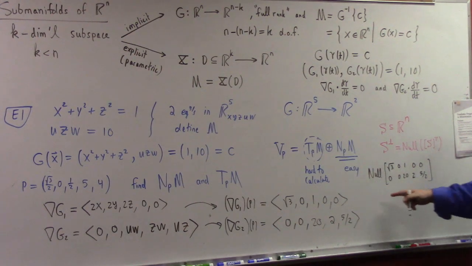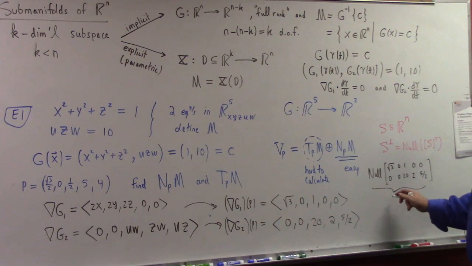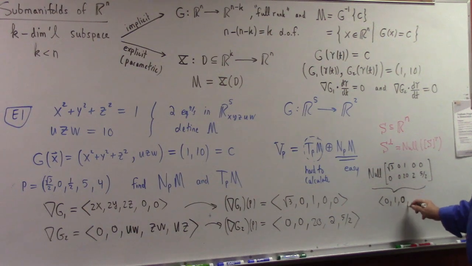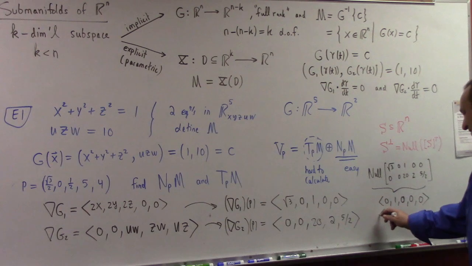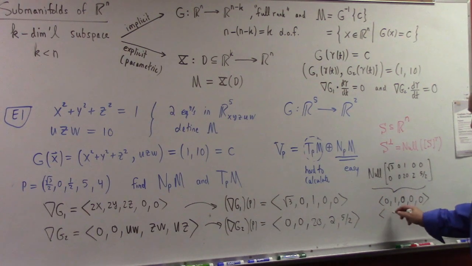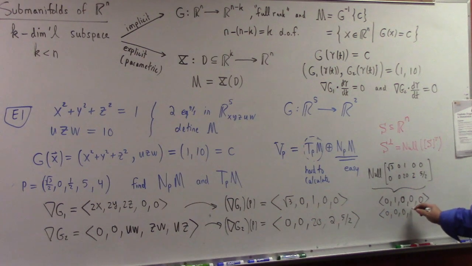I can tell you some things in here, like for instance, here's an easy one. 0 is in there, that's true, but we're looking for a basis. How about this? What if I do 0, 0, 0, 1, 0?